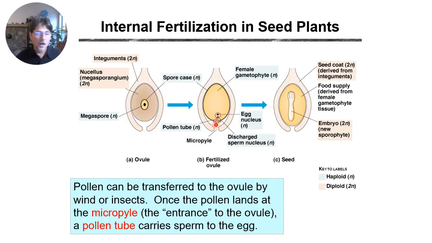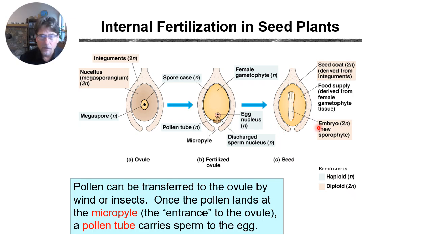So it's actually the pollen tube specifically that eliminated the need for external water for sexual reproduction to take place in the seed plants. After fertilization occurs, and this is a very slow process in gymnosperms, it can take several years for a pine tree, for instance, to go from an immature female cone to a fully developed seed. Eventually that fertilized egg will develop into an embryo.